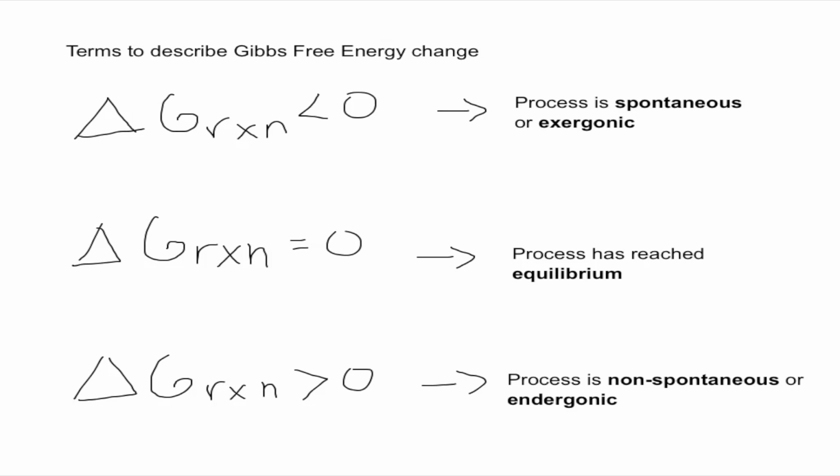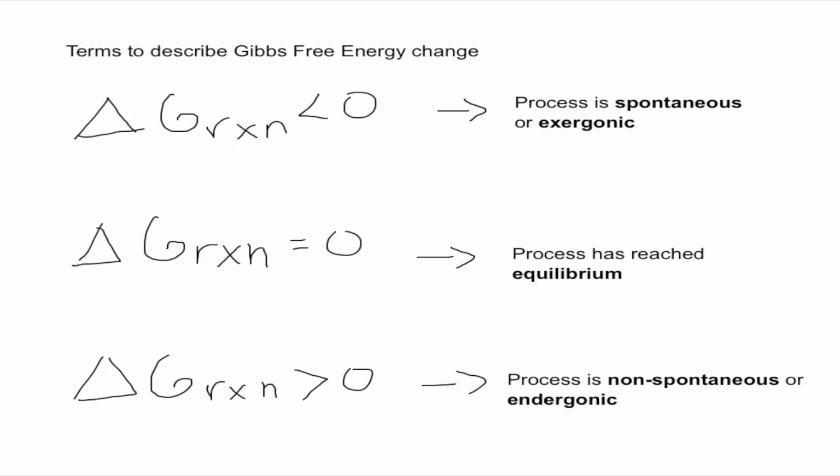When the change in Gibbs free energy is less than 0, or negative, that process is going to be called exergonic, or an easier name is just spontaneous. It's a spontaneous process. When that value is equal to 0, our process has reached equilibrium, and when the value is over 0, or positive, we're going to have a non-spontaneous reaction, also called an endergonic process.